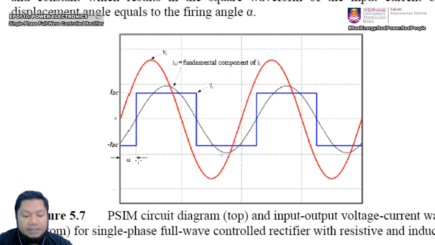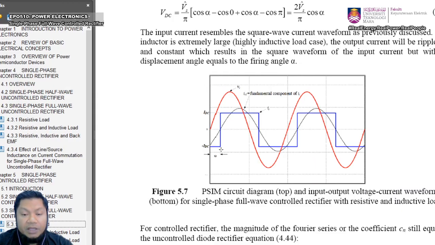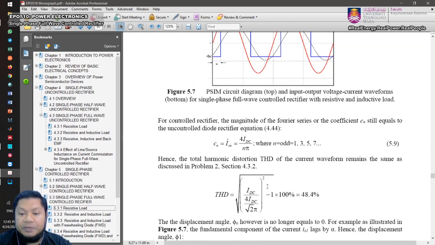Okay, so that is the difference between the controlled rectifier and uncontrolled rectifier for full wave, single phase with highly inductive load conditions. So we're talking about highly inductive load conditions. Therefore, Cn equals the peak current harmonic of the square waveform before, IDC over n pi, where n is odd: 1, 3, 5, 7.